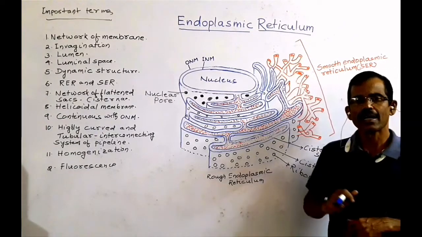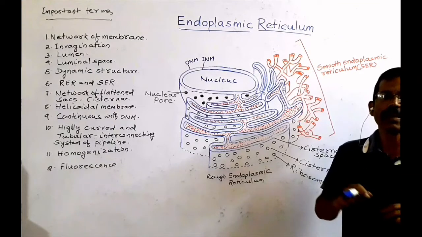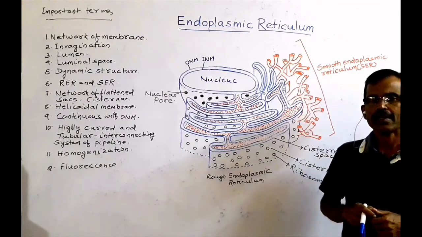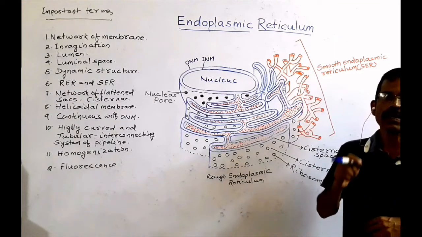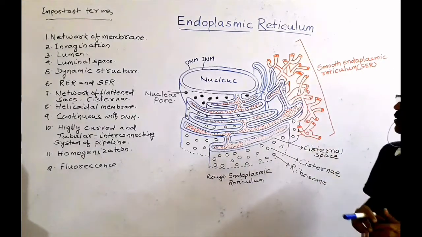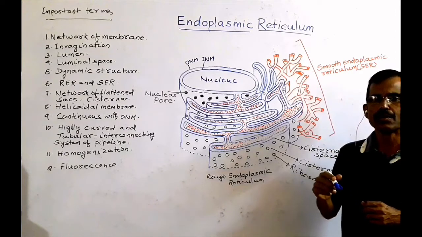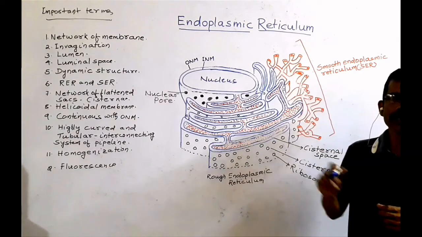Like other organelles, endoplasmic reticulum is also a dynamic structure. That means it undergoes continual turnover and reorganization. Endoplasmic reticulum is divided into two subcompartments.